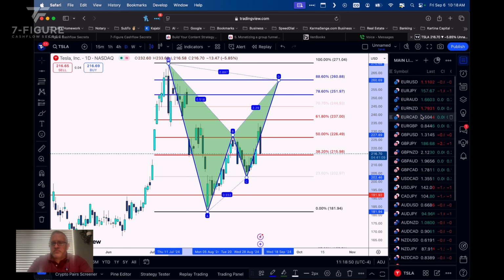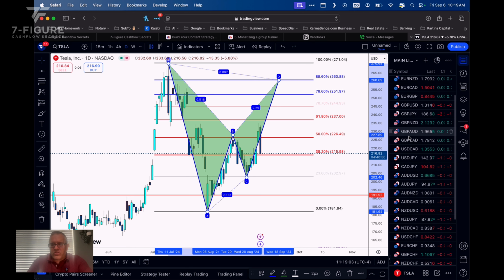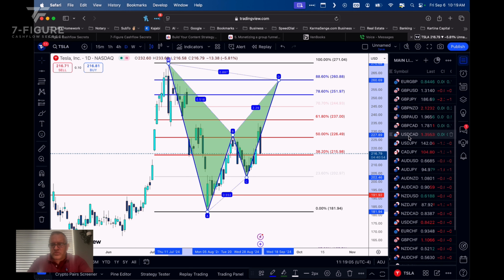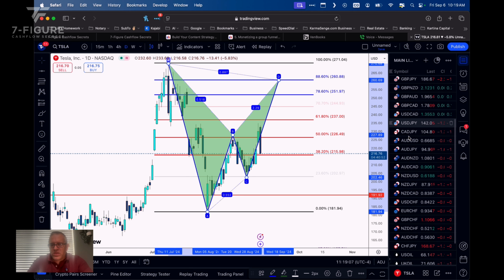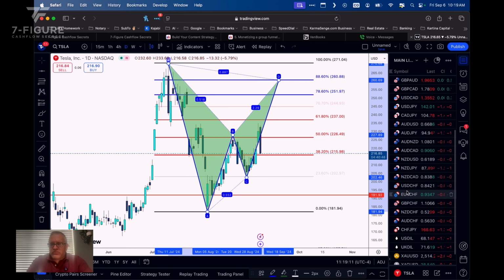I trade the euro dollar, the euro yen, euro Aussie, the euro Kiwi, euro CAD, euro pound. You can just look at all the ones that I have here as I'm scrolling through, and all the variations. The Swiss ones, I am very careful with the Swiss, but I do trade the Swiss.